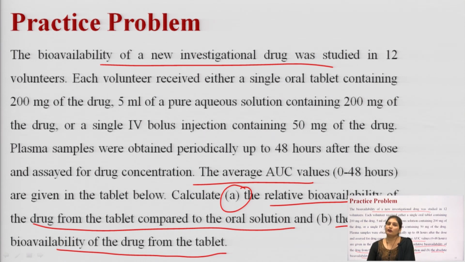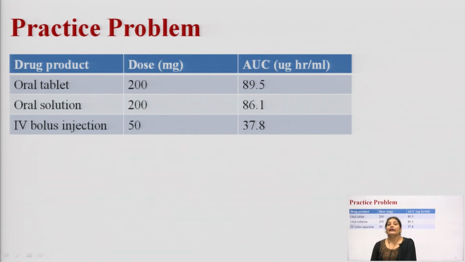Means the formula is the AUC of A dosage form divided by AUC of B dosage form. So, we have to calculate the relative bioavailability of this and this. So, what will be the formula? This is A and this is B.